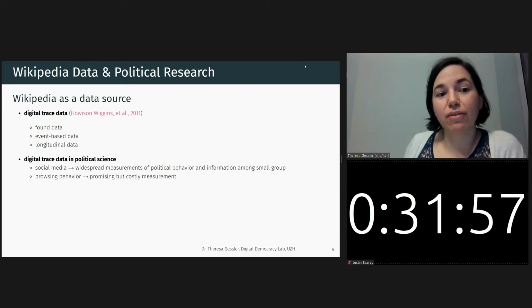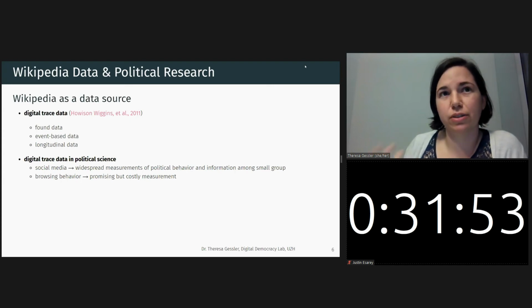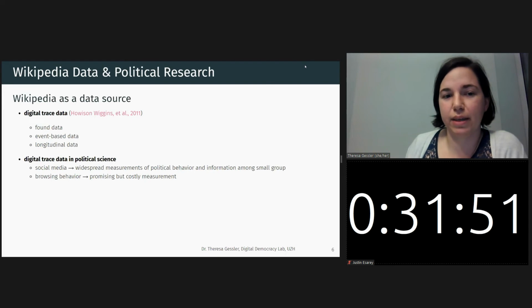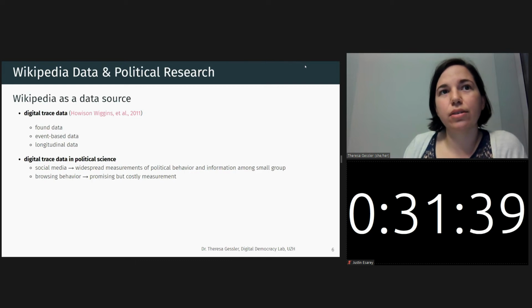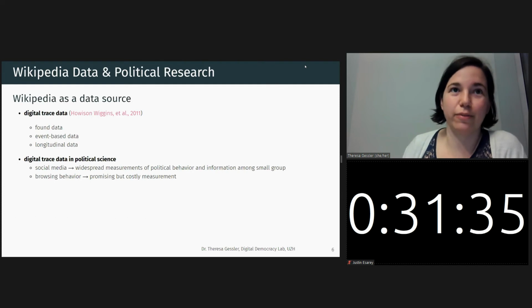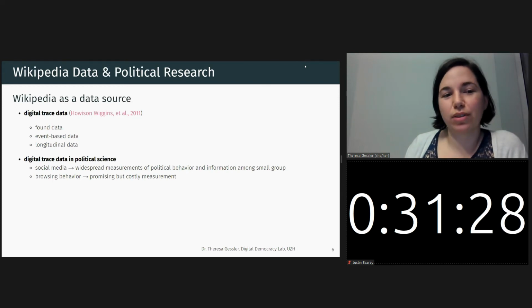There's, of course, other digital trace data in political science, but I think even that type of digital trace data is a bit different from Wikipedia data. Much of it is social media, that people have used quite widely to generate measurements of political behavior and so on. But the issue is that social media is really only used by a small group, a much smaller group than, for example, Wikipedia. The other data that is gaining in popularity is browsing behavior data, which I think has many advantages.